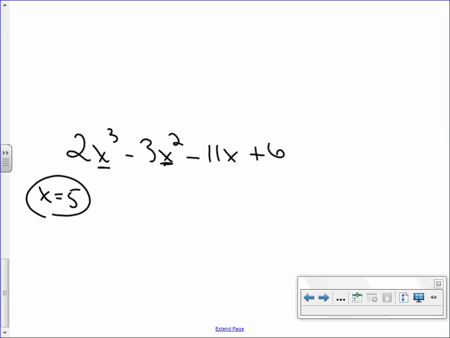Put a 5 in for each of these places. So you're going to say 2 times 5 cubed minus 3 times 5 squared minus 11 times 5 plus 6.